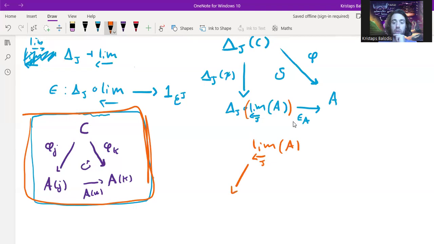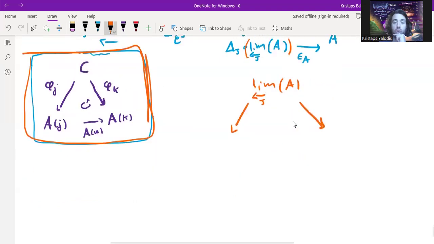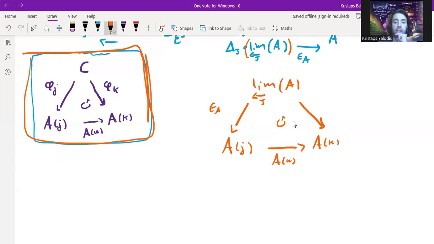And now I'm going to have some arrows going down to what? Well, that's just going to be to A J, A U, A K, in a way that makes this commute, and I'll call this epsilon A J, epsilon A K.